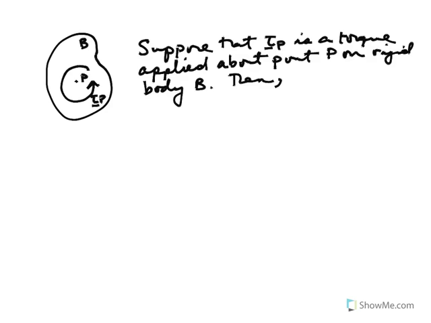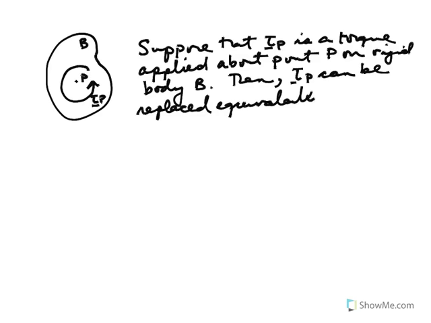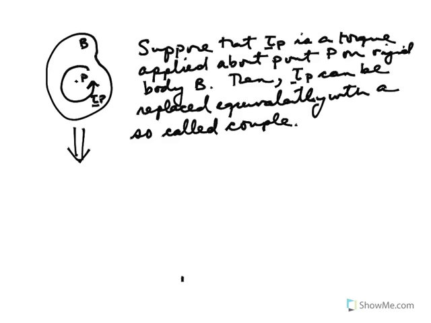Then tau P can be replaced equivalently with a so-called couple. Now, a couple works as follows: if we take this picture and replace the torque with a couple, the couple has the following effect on the body.